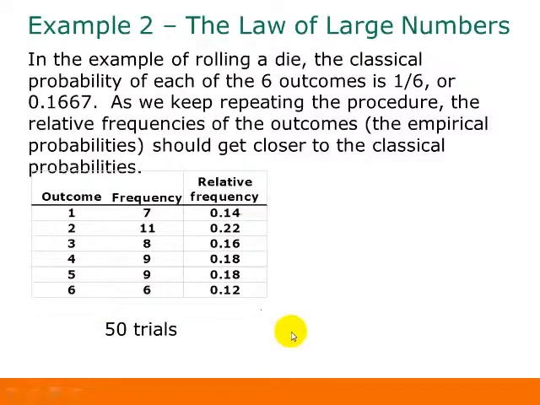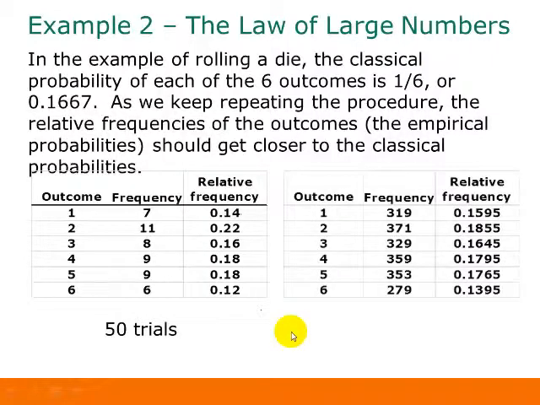So if we do this again, when we do a lot more trials, say if we do 2,000 trials, so 2,000 rolls of the dice, record all of the results, then notice what happens to our relative frequencies. We still have some that aren't quite as close to the 0.1667, but they're much closer than they were when we only had 50 trials.